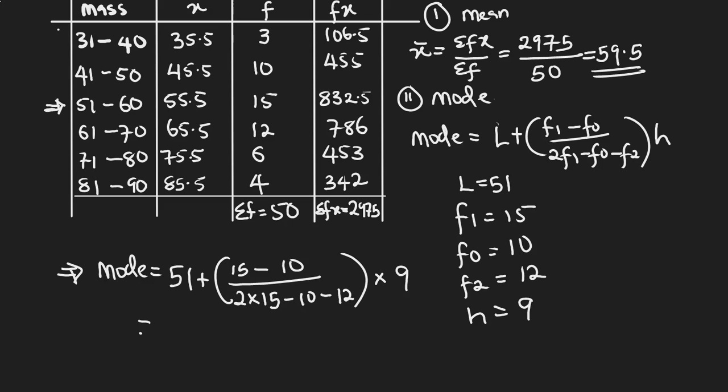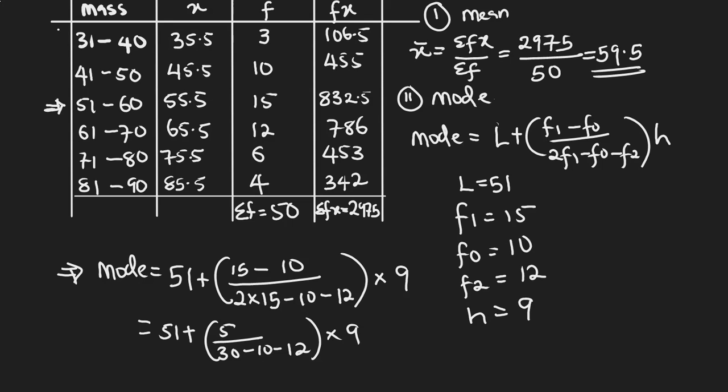So this is going to be equal to 51 plus (15 minus 10 is 5) over (2 times 15 is 30, minus 10, minus 12) times 9, right?